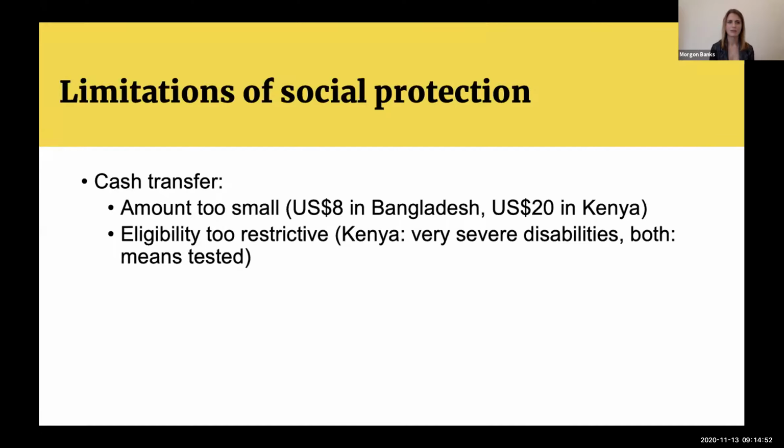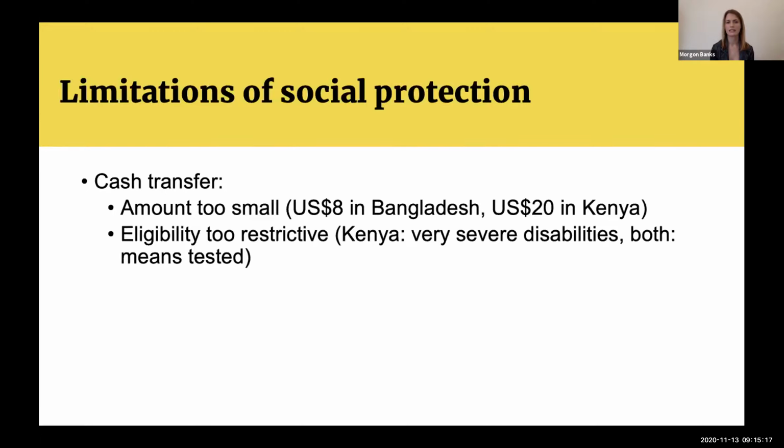But if I look at specific programs, starting first with the cash transfer, in both settings the amount was really too small to adequately meet the range of costs that people with disabilities faced. In Bangladesh, this was equivalent to $8 per month, while in Kenya, this was $20 per month. So this was really inadequate, both on its own, but also due to the eligibility.